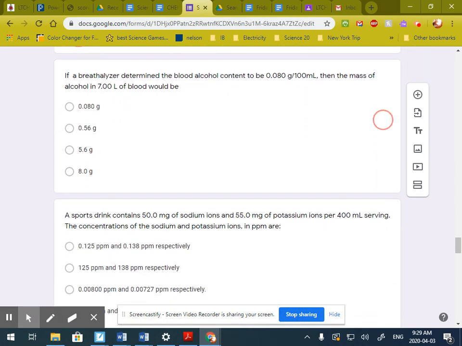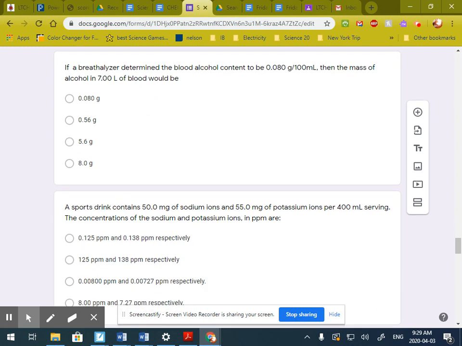Okay, continuing. Breathalyzer. All right, so there's a couple ways you could solve this one. I thought it would probably be faster to just figure out what your percentage is. So here's one way you can get it: 0.08 is the percentage, it's grams, so figure out what your decimal is, 0.08 divided by 100.